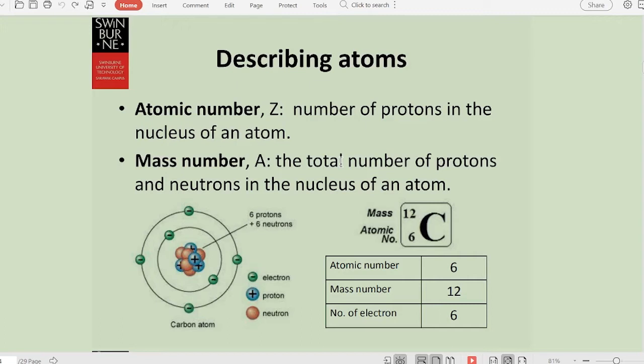And then mass number, that is the total number of protons and neutrons. The proton number added to the number of neutrons in the nucleus is the total mass number. And this mass number can be similar to others.